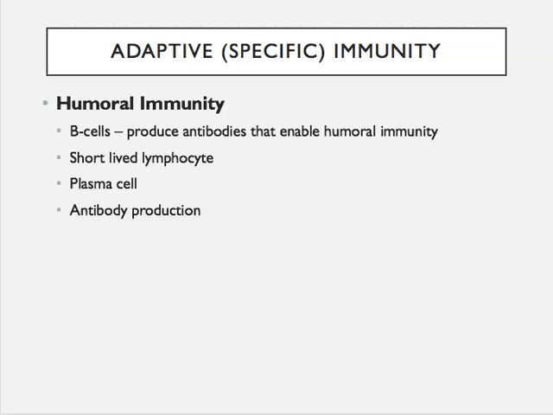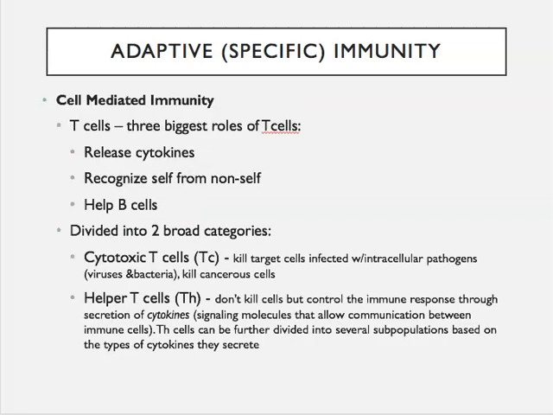And then cell-mediated immunity is carried out by the cells of the immune system. So you've got your T cells. The three biggest roles of the T cells are to release cytokines, those chemical messengers, to recognize self from non-self, and then they help B cells.